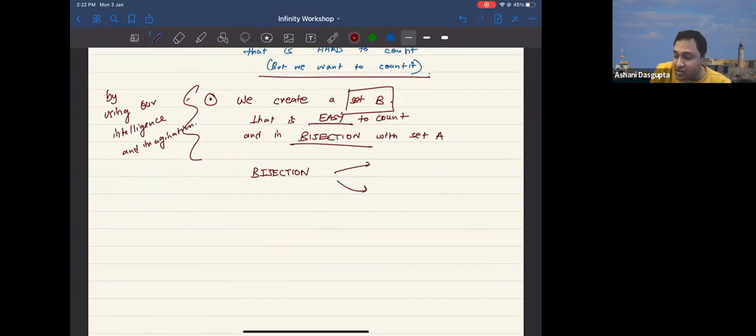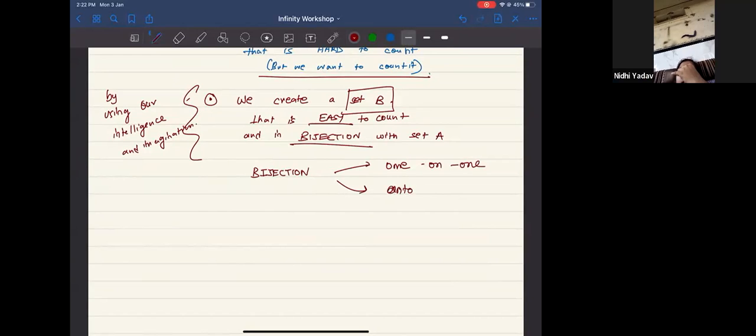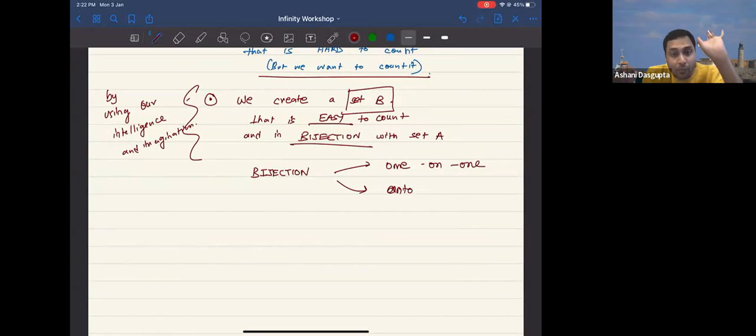It is a relation which is both one-on-one and onto. One-on-one means from every point on the left-hand side, exactly one arrow is going, so no two arrows are going to the same place.